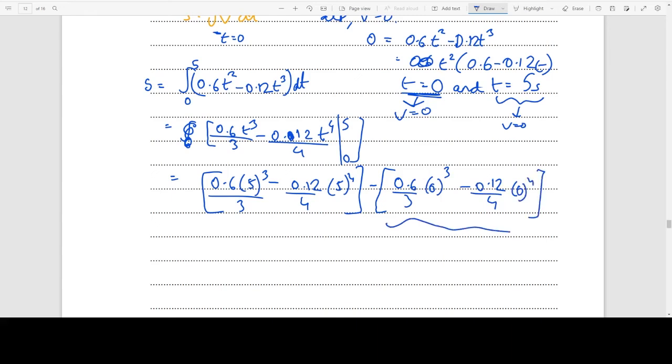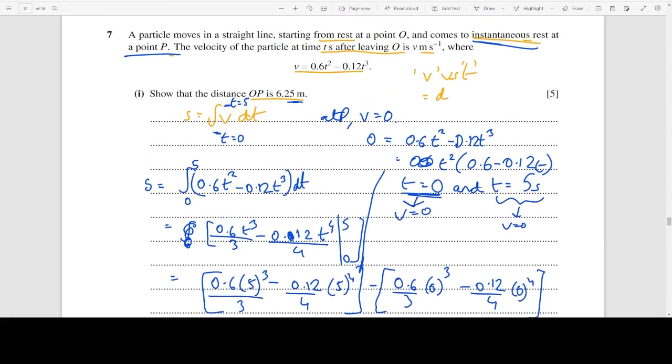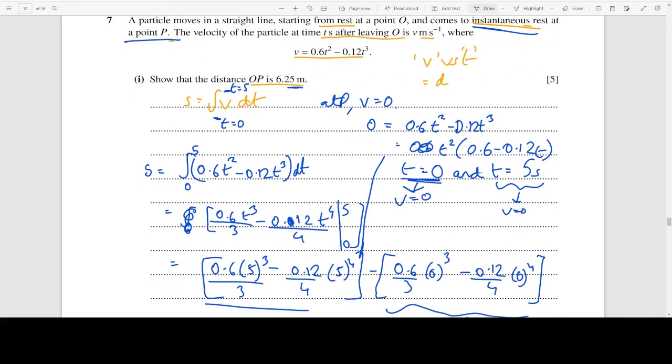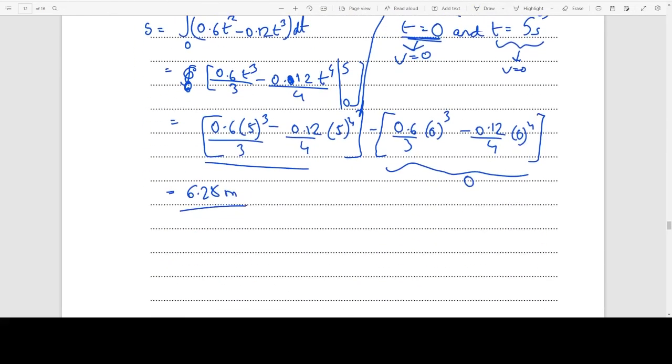This term is basically 0. For this we'll just use a calculator. So we get 6.25 meters, which is what we had to prove. Yep, this is what we have to prove, 6.25 meters.